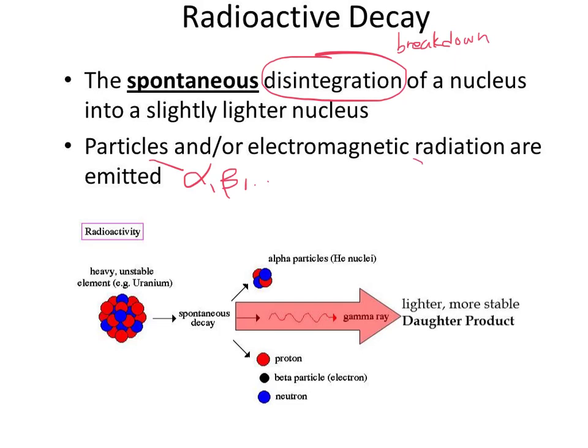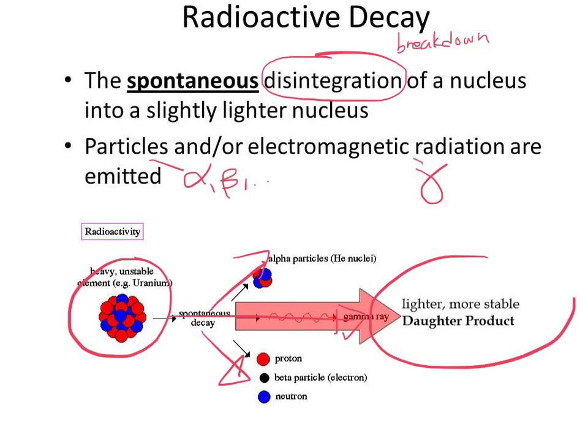And electromagnetic radiation is the energy photons that you were introduced to in the EMR spectrum. But in this case, we're going to talk about gamma radiation. So, just a brief overview. In radioactive decay, you have a large unstable atom, and it goes through decay, and it spits out particles, and you now have a new, lighter, more stable daughter product.